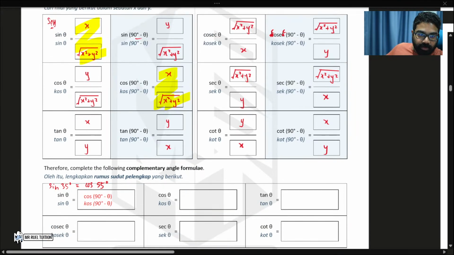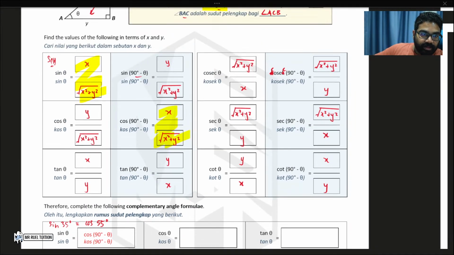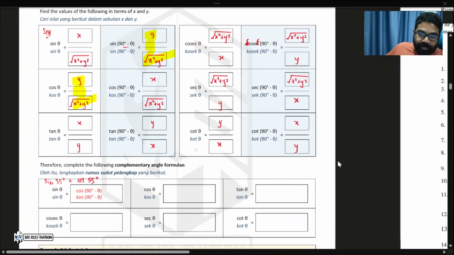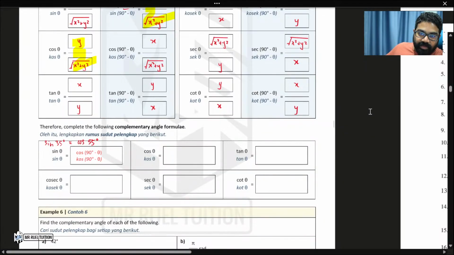So, let's continue. Cos. Look at cos theta. Sama dengan apa? So, cos theta is equal to what? Cos is this one. Y over square root. Sama dengan sin. Sin sudut pelengkap. Sin of the complementary angle. Okay. So, this is equals here.